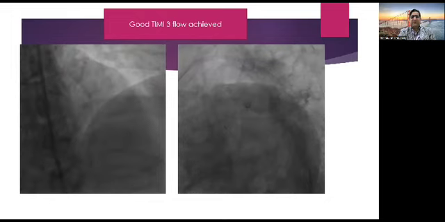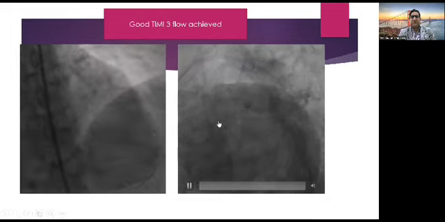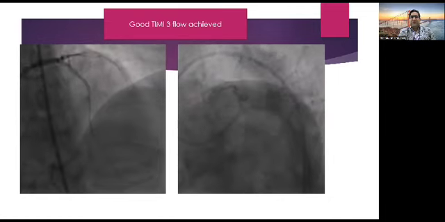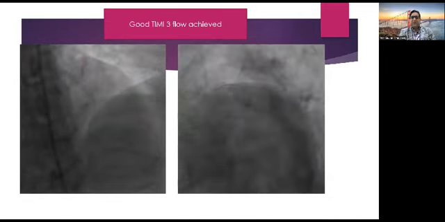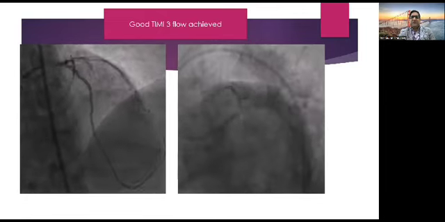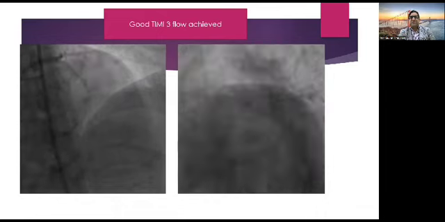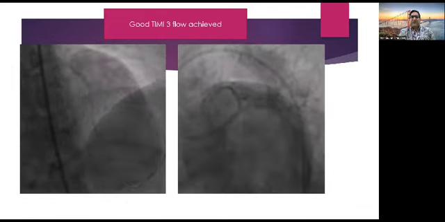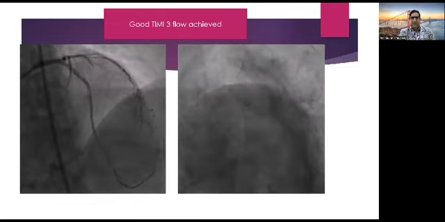But ultimately, we were able to deliver two long stents into the LAD, and this was implanted from LM to LAD because the retrograde wire had reached near the ostium of the LM. So just to avoid any dissections, it was decided to extend it from the left main to LAD. And at the end, good TIMI 3 flow was achieved.